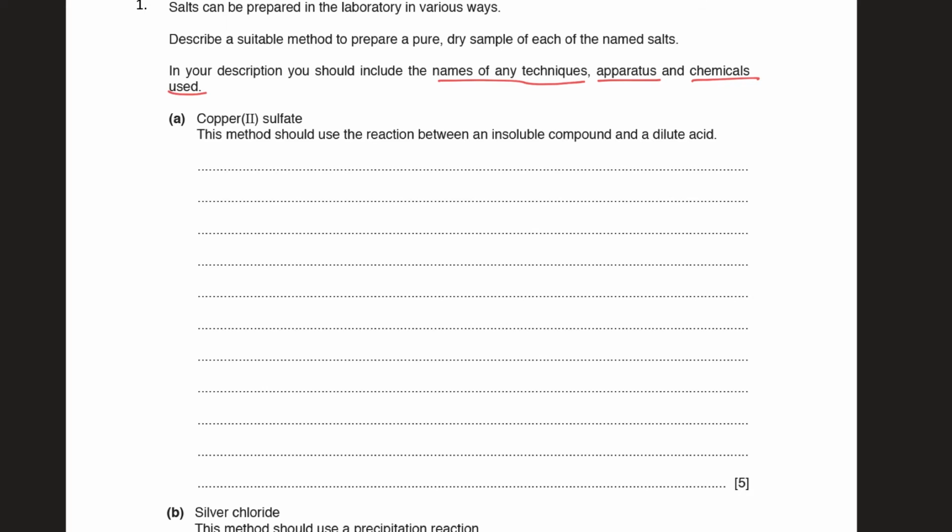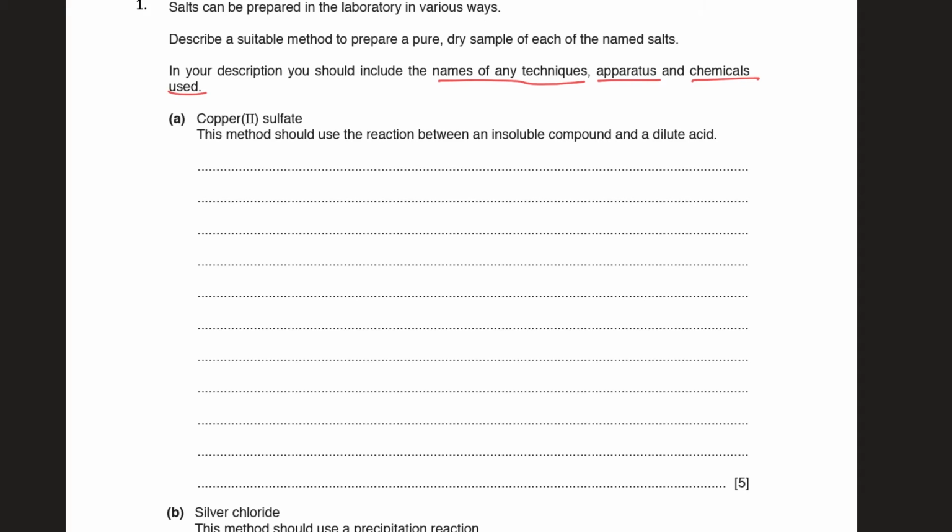And then, is the metal that we need more reactive than hydrogen or not? In this case, copper is less reactive than hydrogen, so copper metal will not react with the acid. So we are looking for an insoluble solid which reacts with acid to produce this soluble salt.